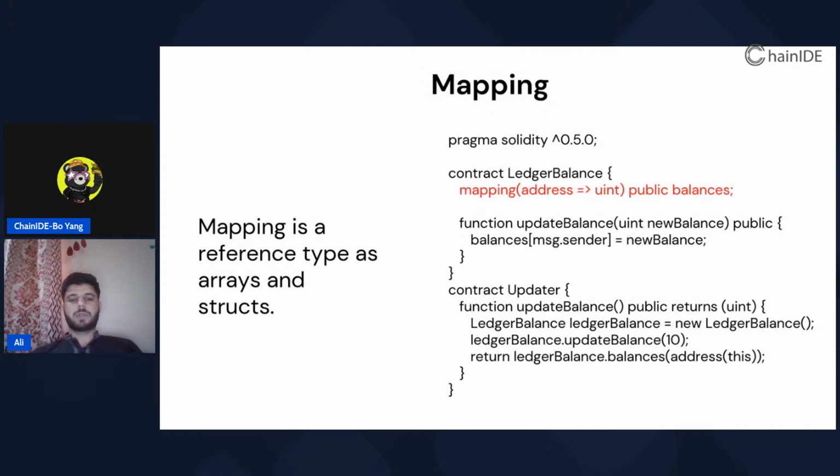This is also known as a key-value combination, and here we have public balances. Here we have a function, and message.sender is the one who is interacting with this smart contract using MetaMask.